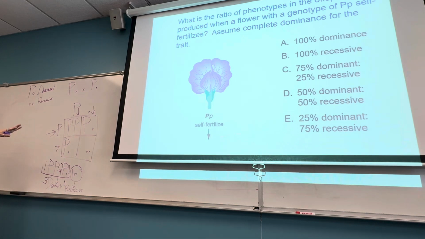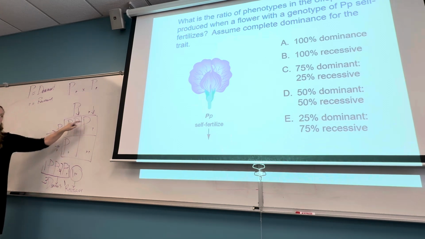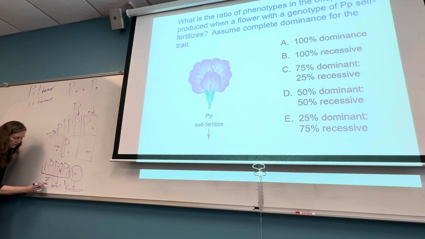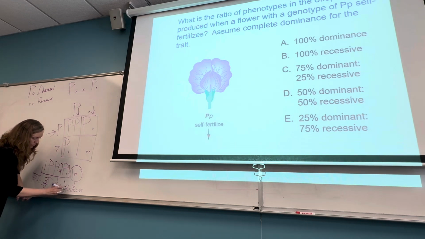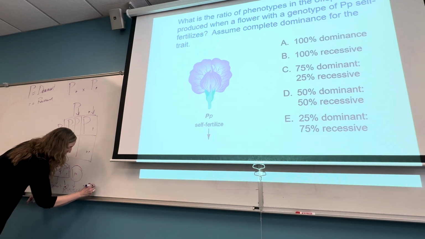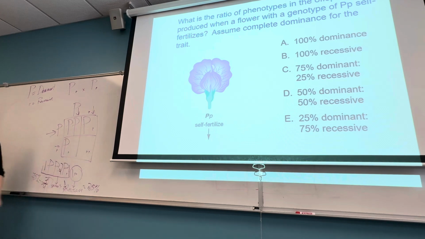It wants us to figure out percentages, so I'm going to divide each of our phenotypic ratio numbers by 4, because we had 4 boxes up here. So 3 divided by 4, or 3/4, is 75%, and 1 divided by 4, 1/4, or 25%.